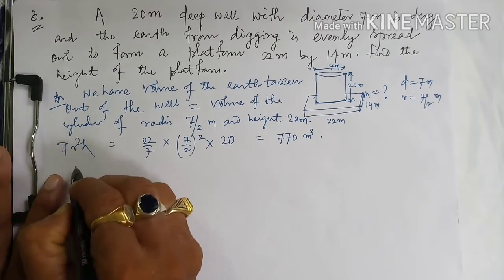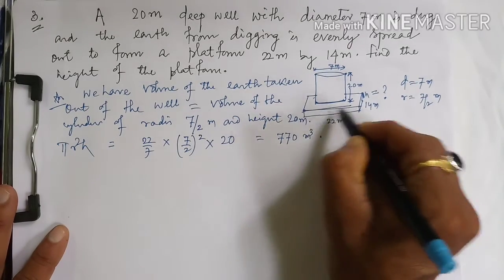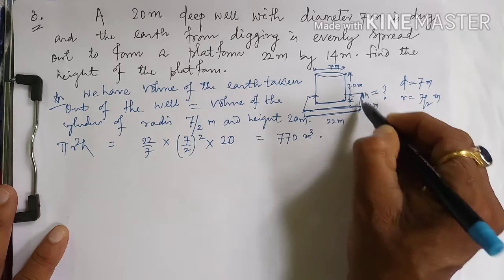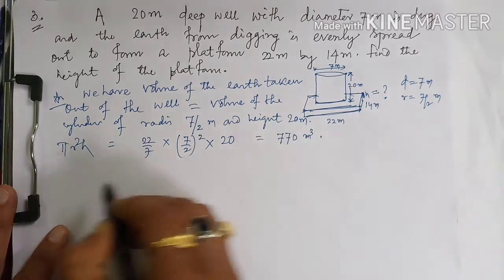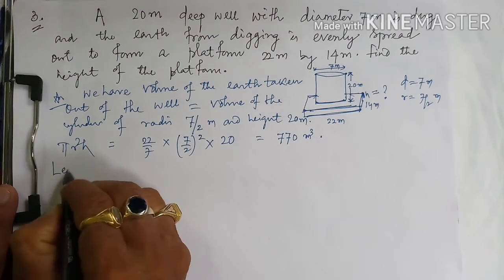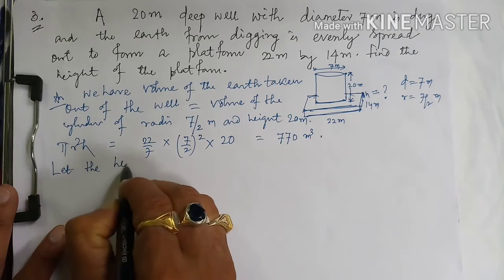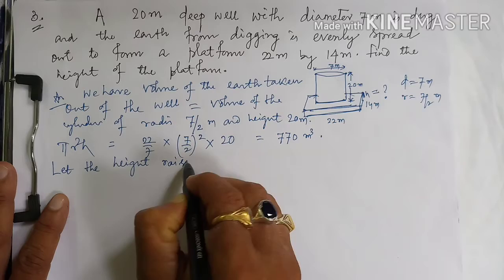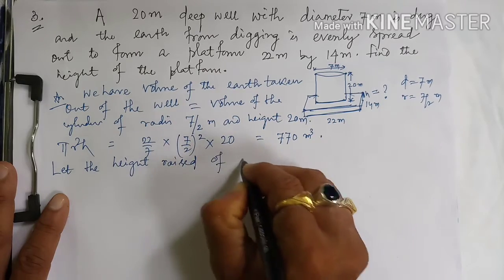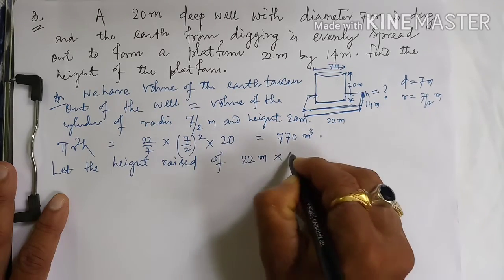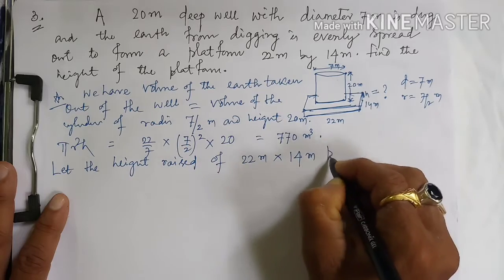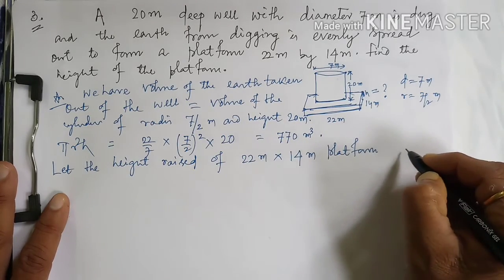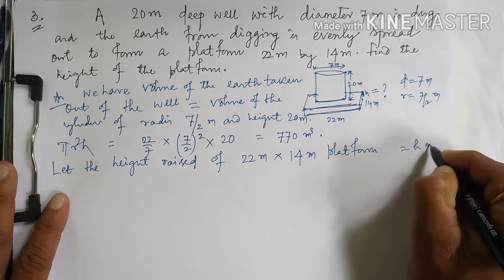Let the height be raised in the platform. Here is the platform; the amount of soil taken out from the well is equal to the volume of the platform around the well. Now we can write, let the height raised of the 22 meter into 14 meter platform be equal to h meter.